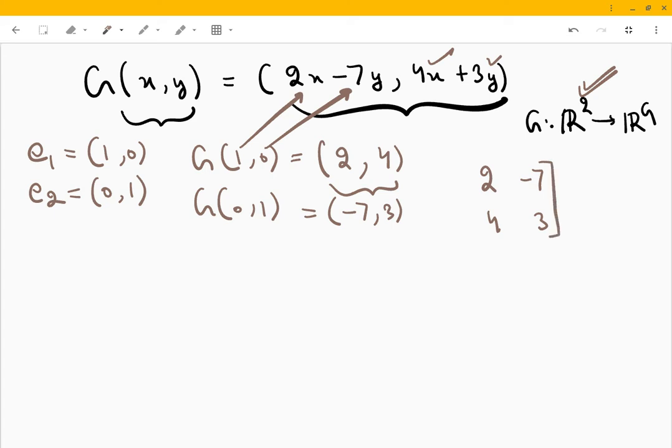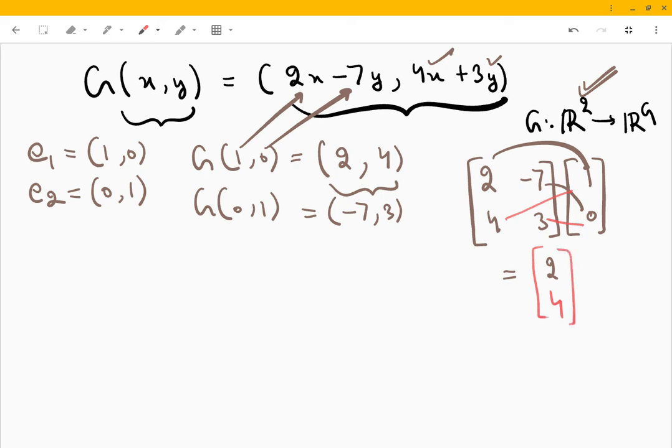If we put this in a matrix and multiply it with 1, 0, which we took, what will it give us? 2 times 1 minus 7 times 0 gives us 2, then 4 times 1 and 3 times 0, 4. This is what is actually happening.